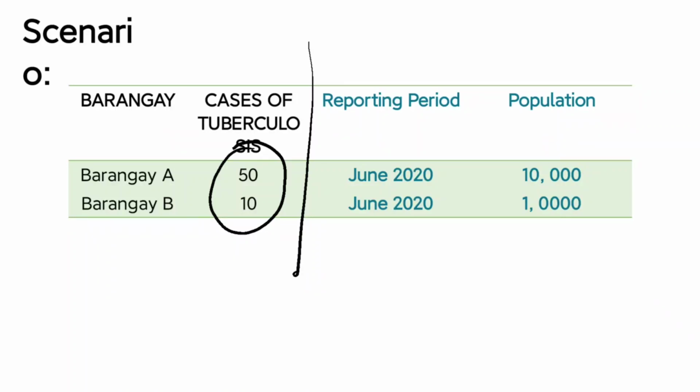The trend of occurrence over time cannot be made. Hindi ka makaka-assess ng trend ng occurrence if it is going up or going downward. And another thing, you cannot identify the risk of disease or deaths among members of the various populations. Take note of this.